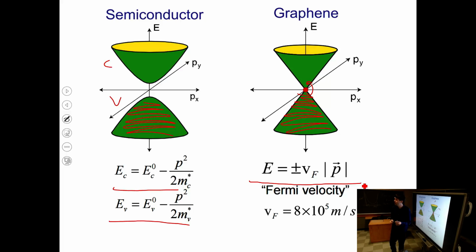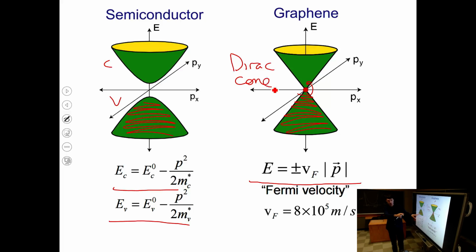Another object that has this dispersion relation is a relativistic electron. The electron traveling at very high velocities close to the speed of light would have this kind of dispersion relation. And those electrons are solutions of a quantum mechanical Dirac equation, which is a form of Schrodinger equation for an electron. And for this reason, this kind of band structure is called a Dirac cone.